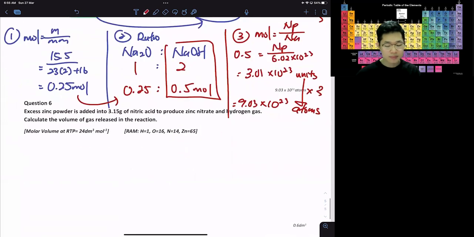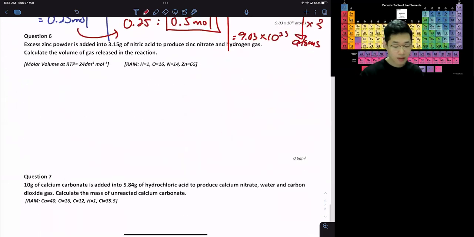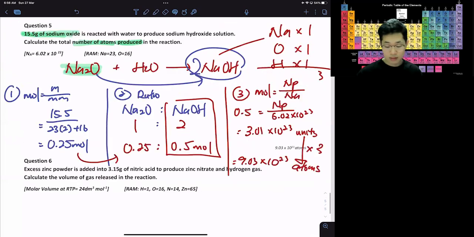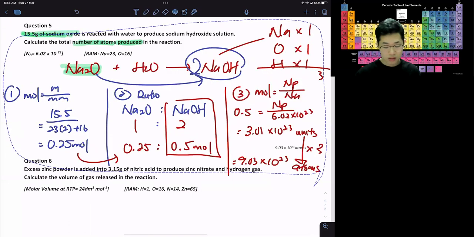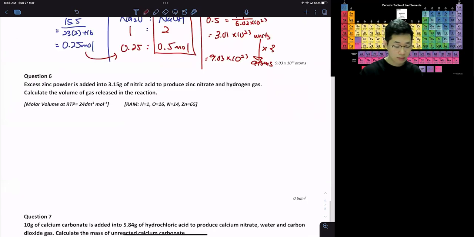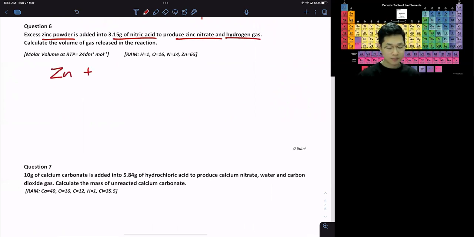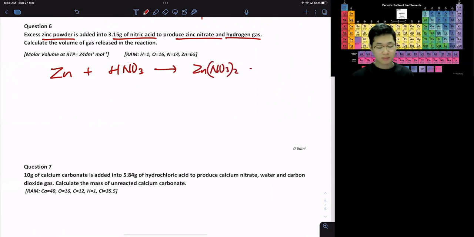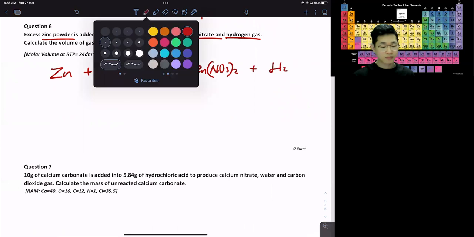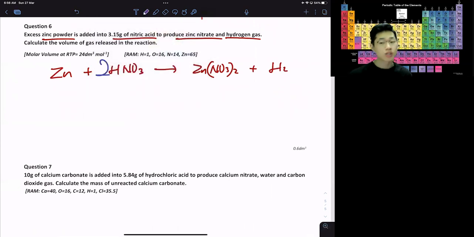Question 6. Zinc powder is added to nitric acid to produce zinc nitrate and hydrogen gas. Balance the equation.